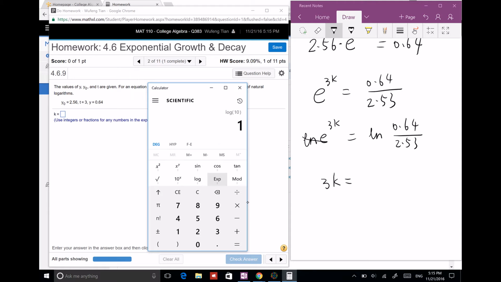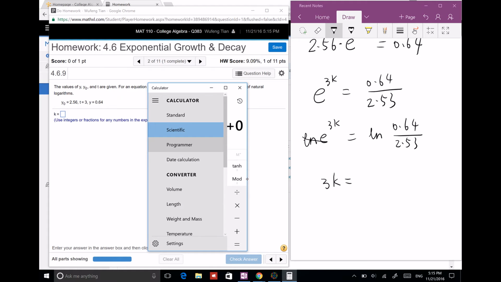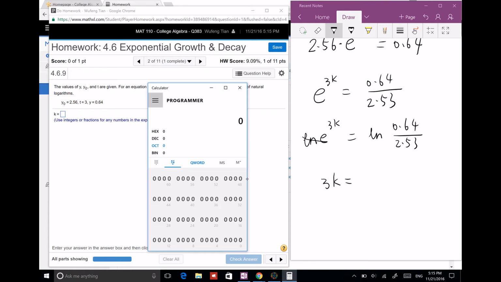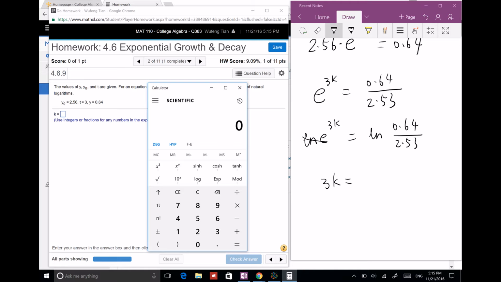This calculator doesn't have ln. I don't know why. You can use your own calculator to do the ln. I'm using my other calculator.